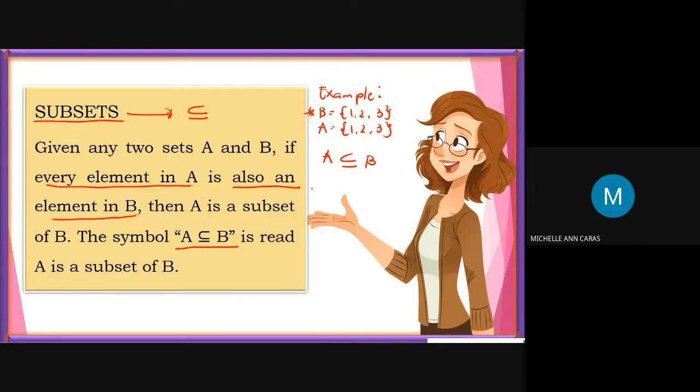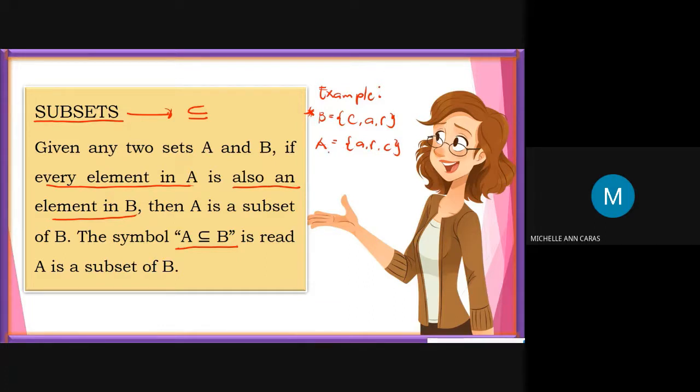Okay. Next. Example number 2. So, supposing we are given another example. So, halimbawa, si B, ang element niya is C, A, R, and C, A, ang elements niya are A, R, and C. Okay.